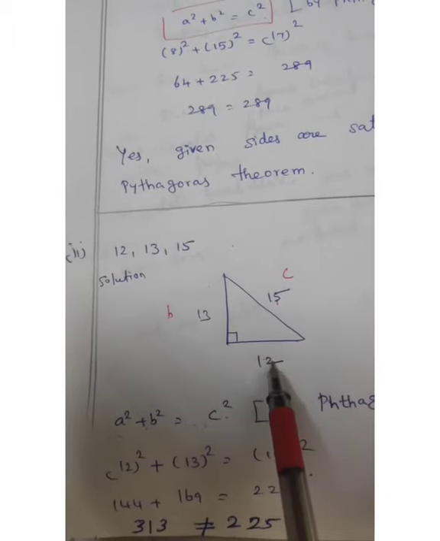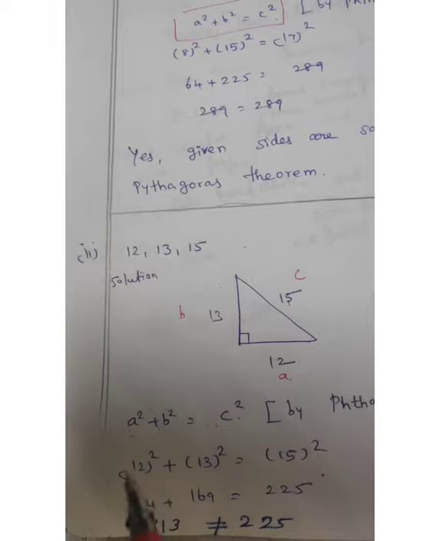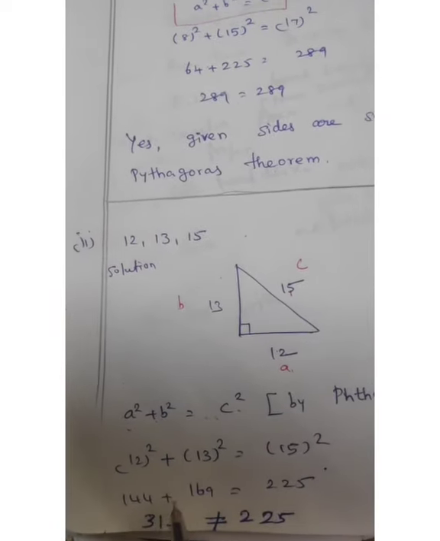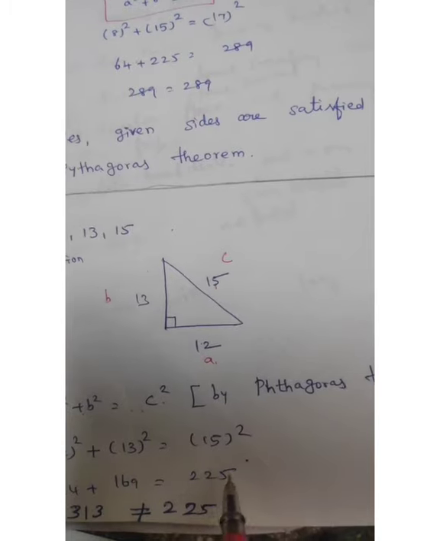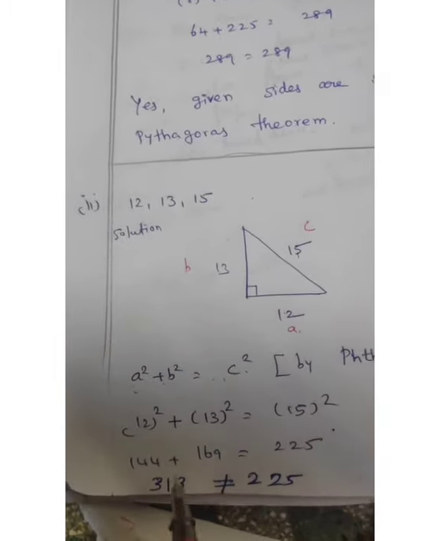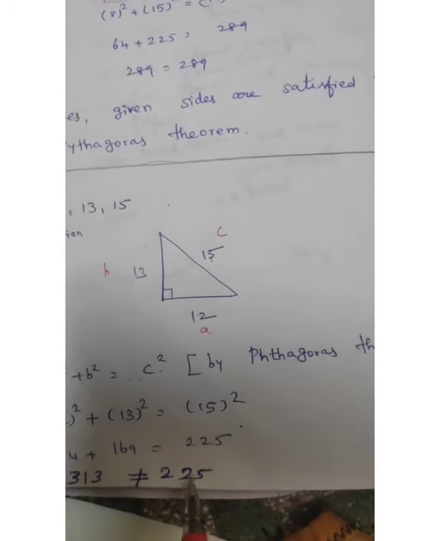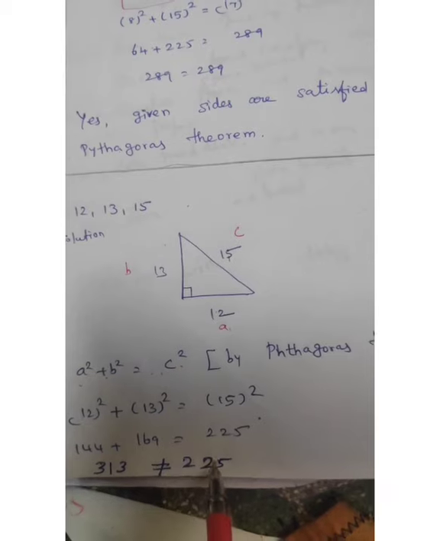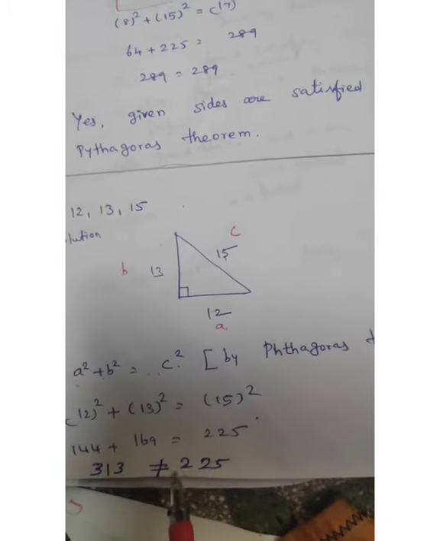12 whole squared plus 13 squared equal to 15 squared. 12 twelves are 144. 13 thirteens are 169. It should equal 225. 15 fifteens are 225. Add the numbers: 144 plus 169 equals 313. Here the answer is 225. Are the two equal? No. When equal is written with a cross put on it, it means not equal.